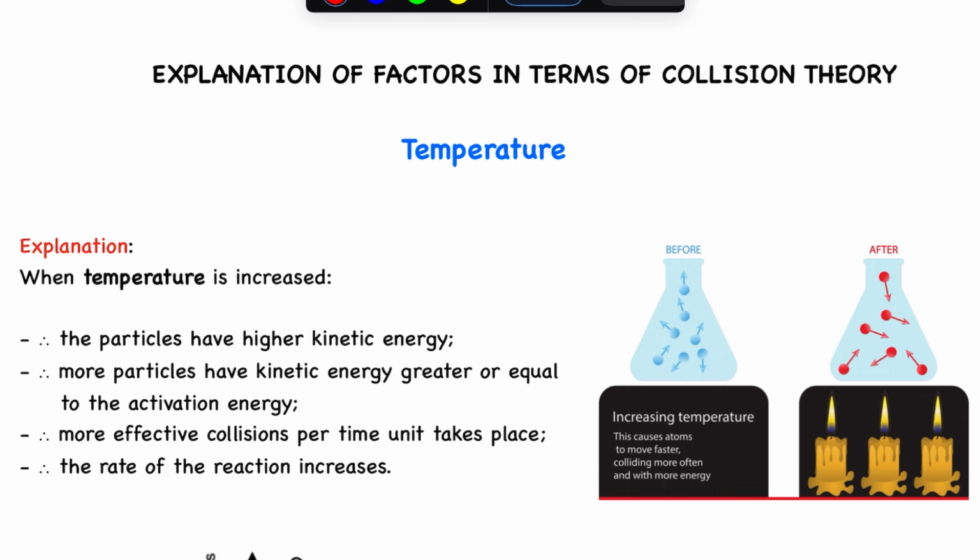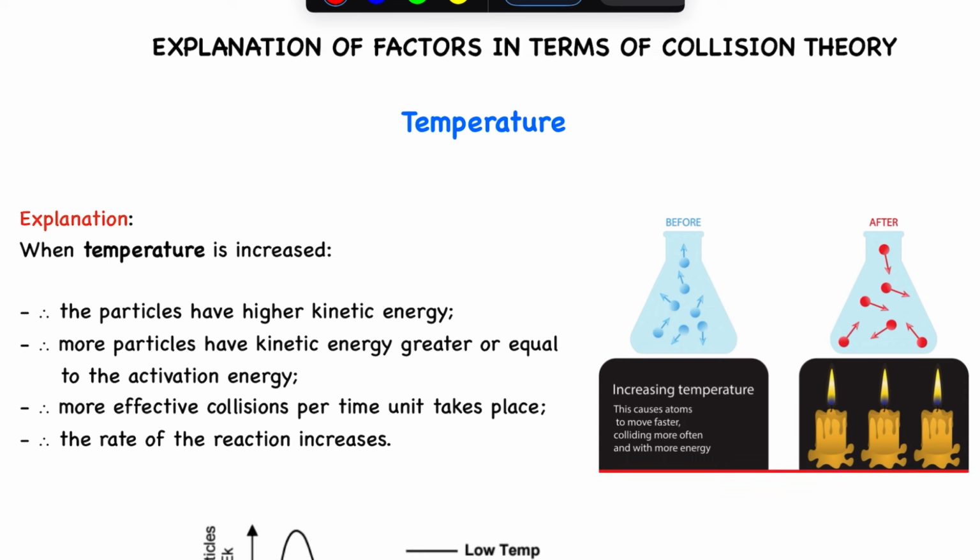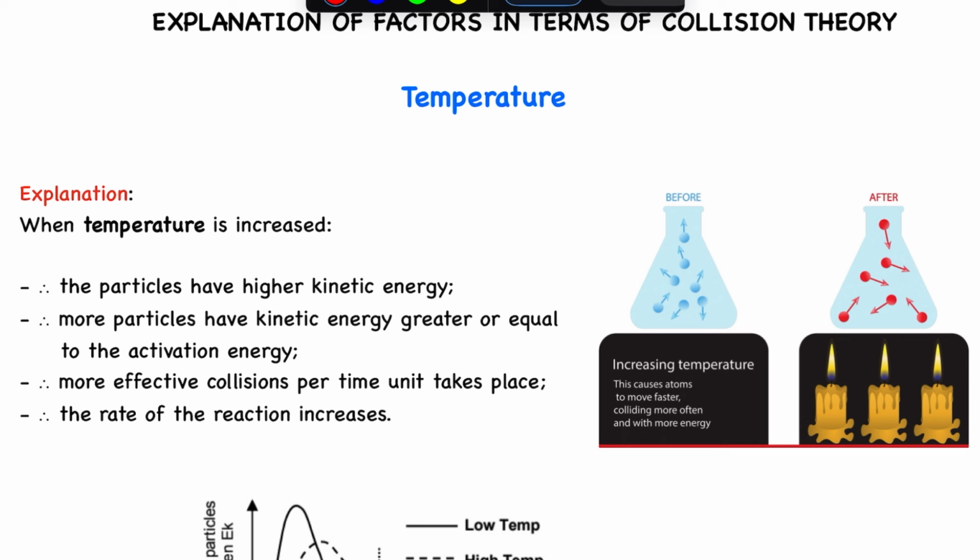You do not write big paragraphs or a full page of explanation. This is mostly 5 marks at max, minimum 2. If it's 2 marks, that means 2 points; 3 marks, 3 points; 4 marks, 4 points, in bullet form, right?